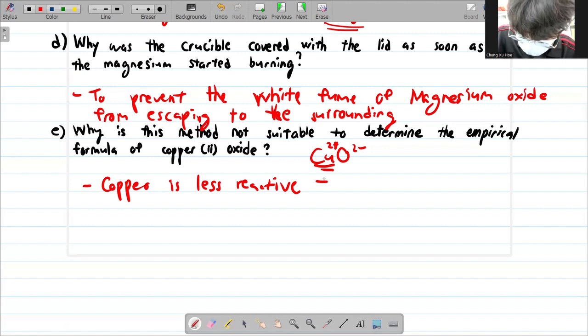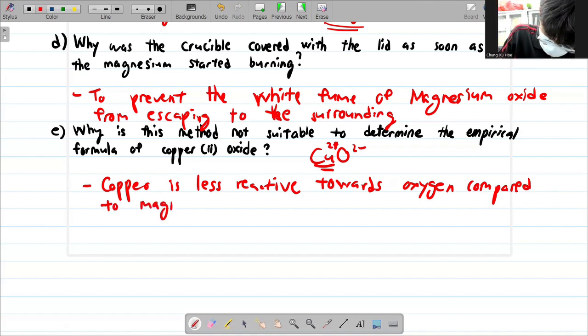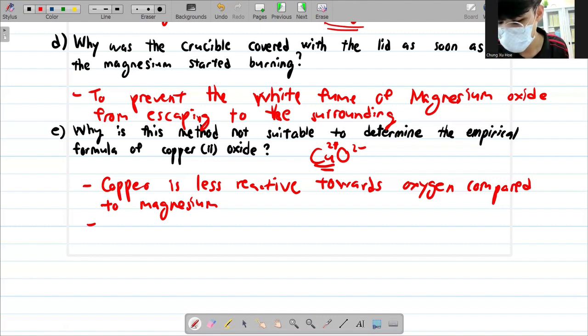Meaning, copper is not as reactive as magnesium when it comes to reacting with oxygen.